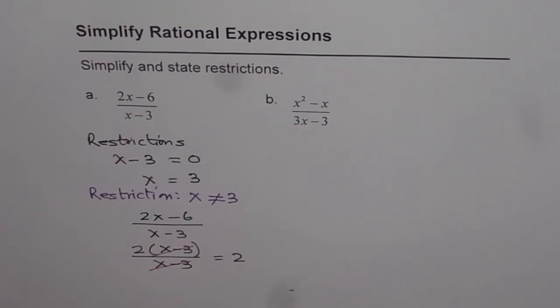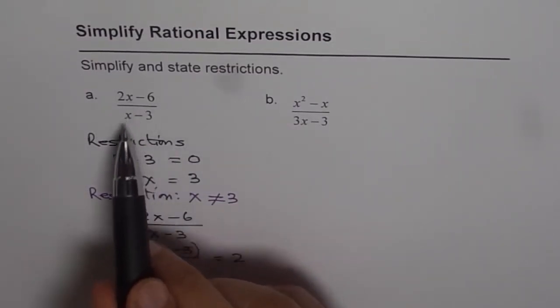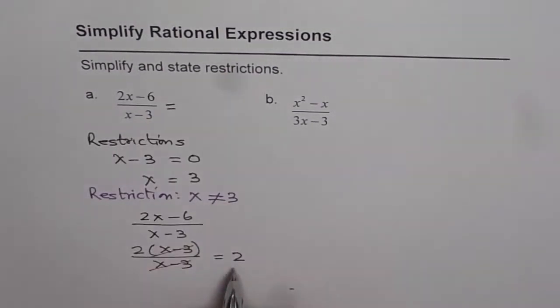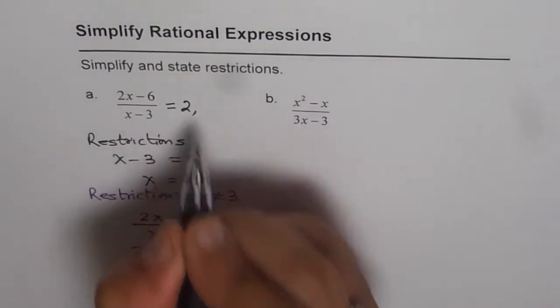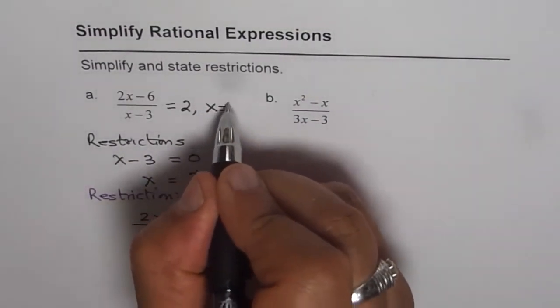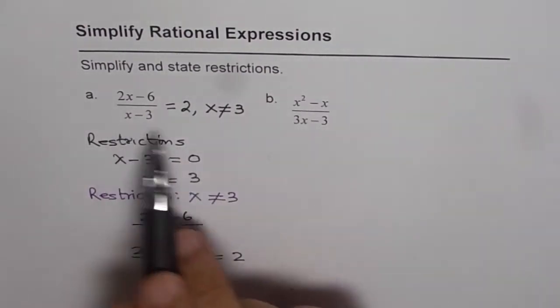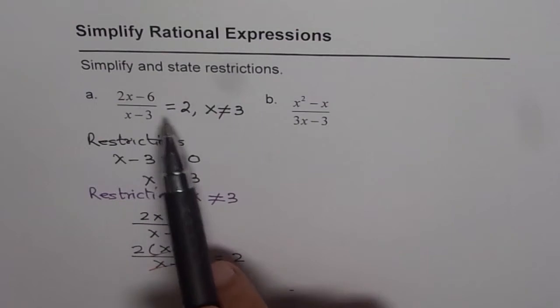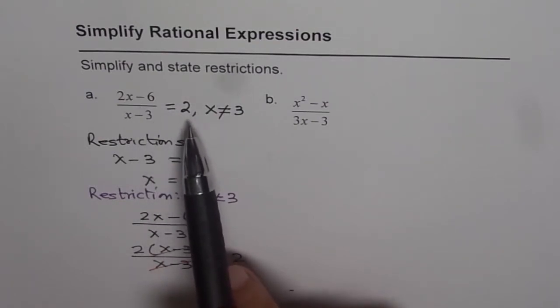So now we can write down our answer, and the answer is that the simplified form of this expression is equal to 2, where the restriction is that x is not equal to 3. Now they are equivalent. If we don't write x not equal to 3, then this will be an incorrect equation.